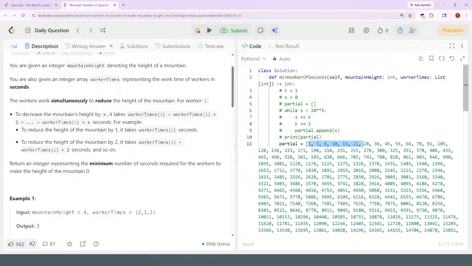But total time I'm tracking. Total time is currently 0. Look at my heap. Lowest cost is 1. I make the total time 1, and put back on the heap 2, to indicate that it would take an additional 2 time past the 1.